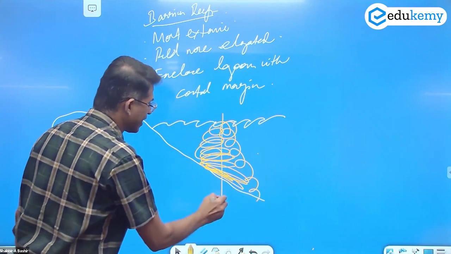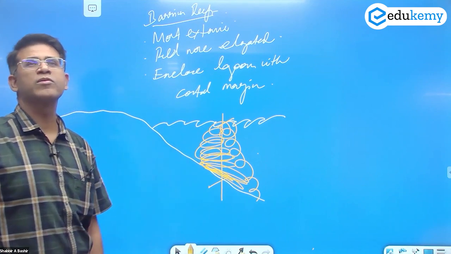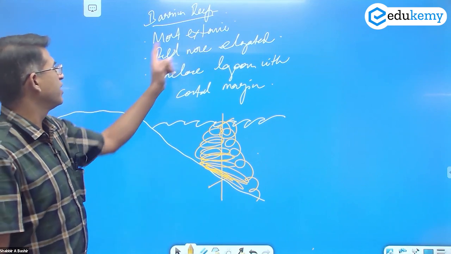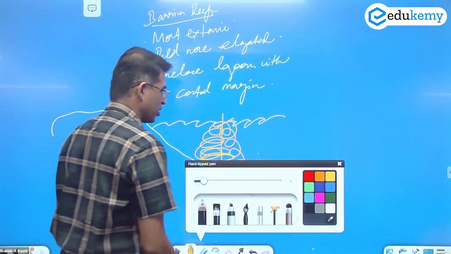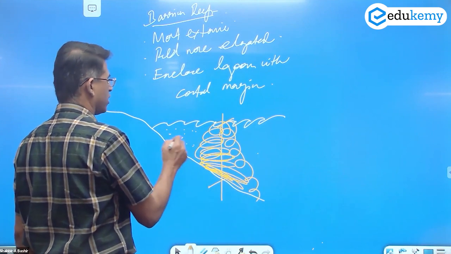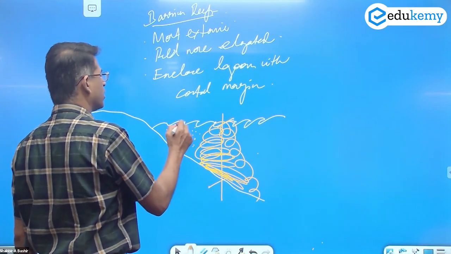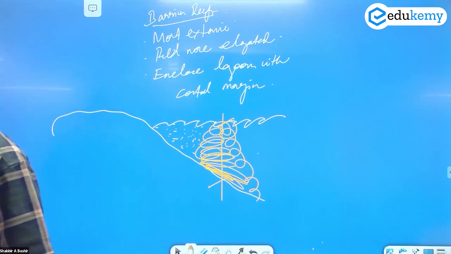So that thickness is more. They are further away from the coast. They're more extensive. They're elongated. They enclose lagoons. So ये वाला part जो है, this is the lagoon. Lagoon is what? A shallow water along the coasts. It's something like a lake along the coast.